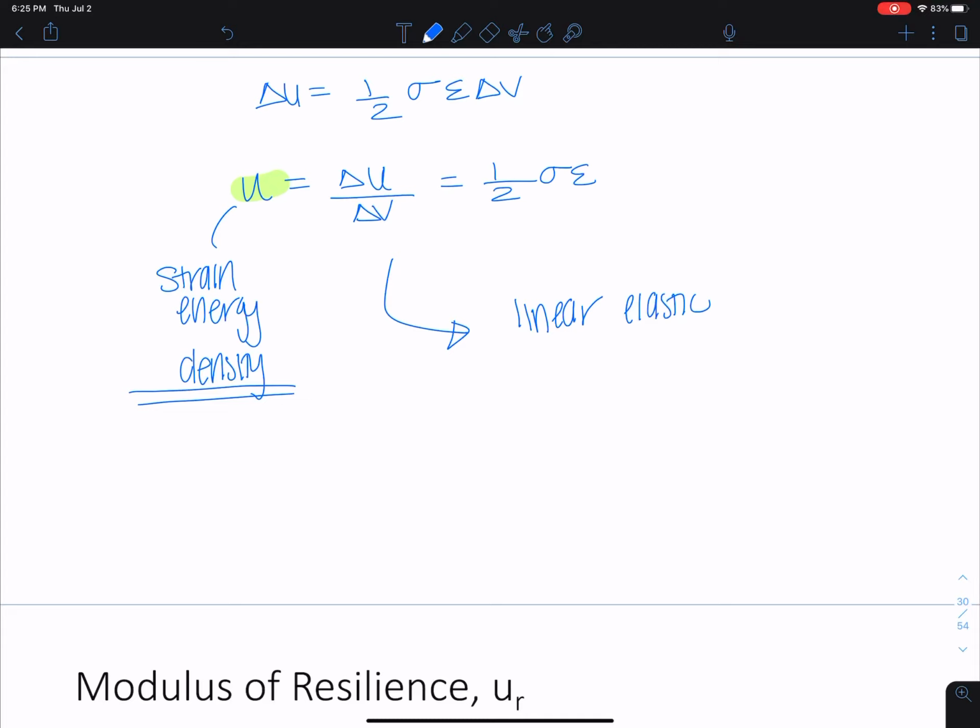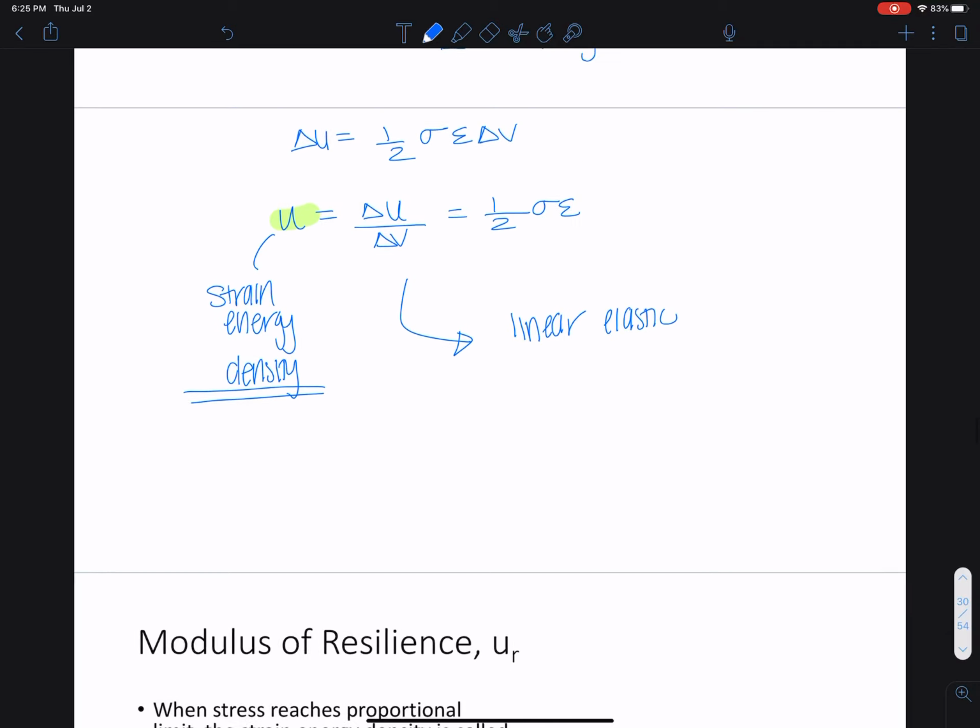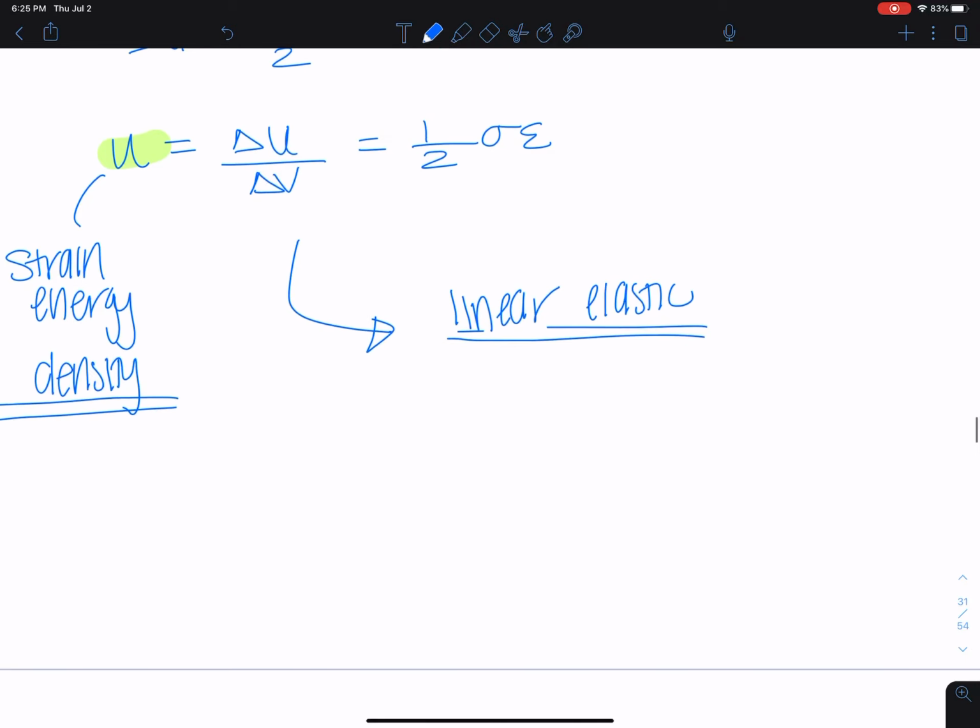Whenever we're dealing with material in the plastic range, we'll be given the stress strain diagram or information that we can use. But otherwise, if we know that it's only being pushed to the linear elastic range, we can apply Hooke's law, which is stress is equal to the modulus of elasticity times strain. And basically, we have this formula for strain energy density.